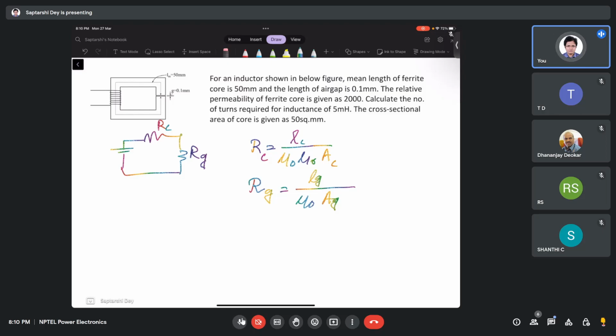So if you find out reluctance, then the net permeance is 1 by Rc plus Rg. Calculate number of turns required for inductance of 5 millihenry. So N squared times permeance is L. So N is square root of L by P. Doable, no? You can understand the steps?